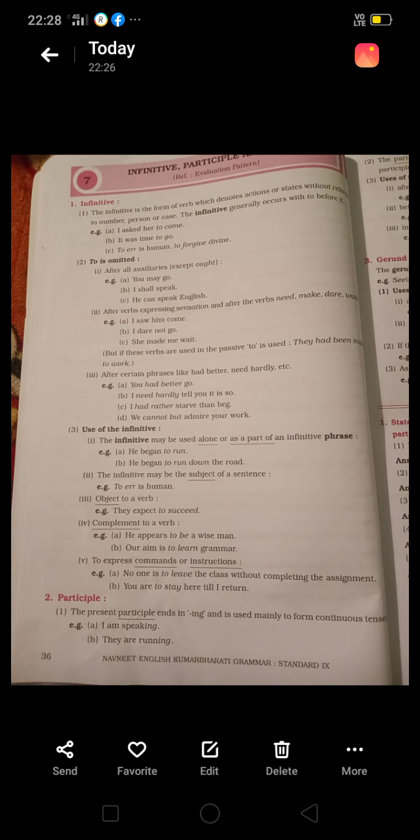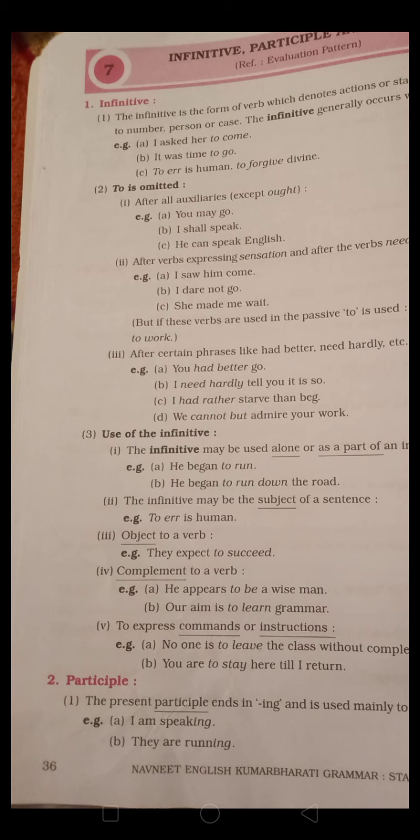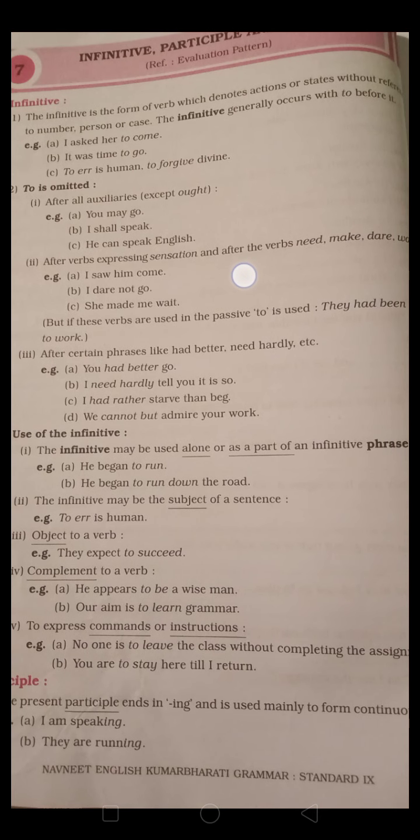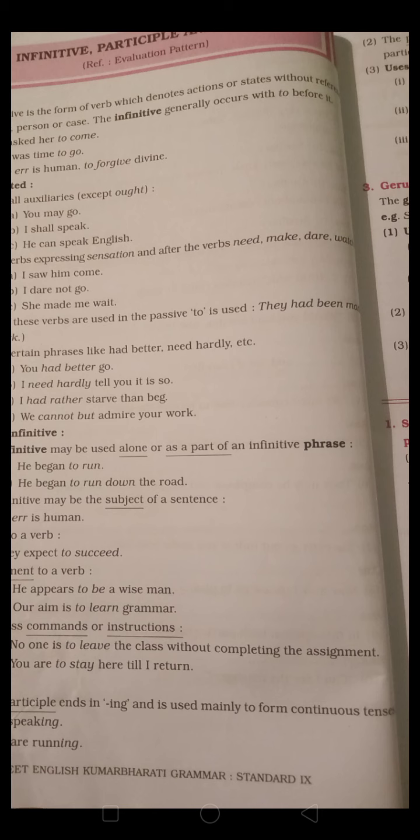Now see, first we are going to learn the infinitive. The infinitive is the form of verb which denotes action or state without reference to number, person or case.